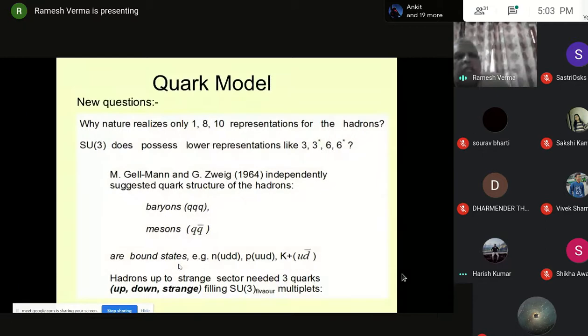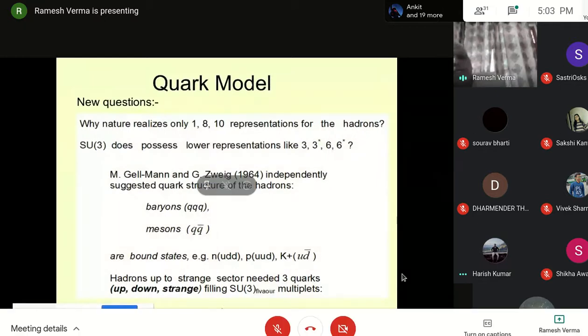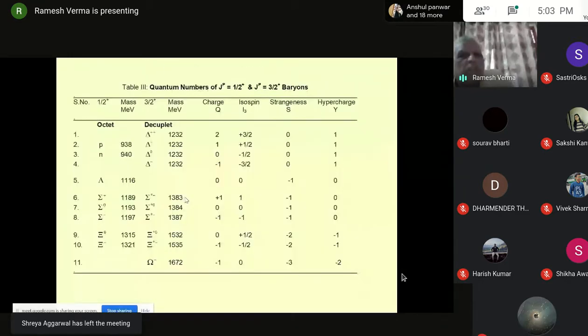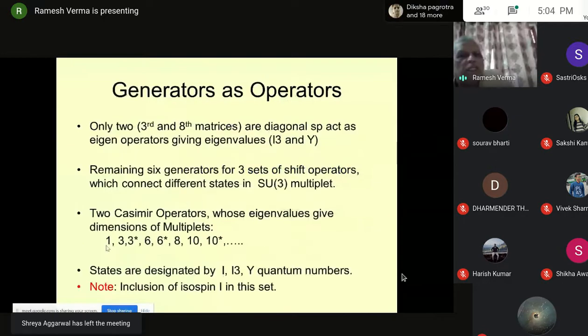I will just talk about a small bit here and then go further, because we have seen that SU3 allows many other kinds of multiplets, that is 3, 3 star, 6 and 6 star. So even though it nicely explained the octet and decuplet pattern followed by mesons and baryons, this question was raised: what about these lower dimension multiplets, that is 3 star, 6 star?